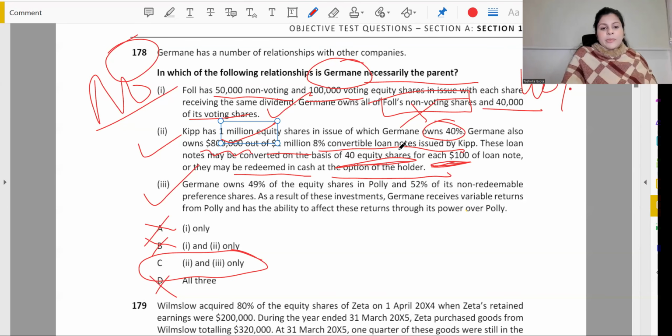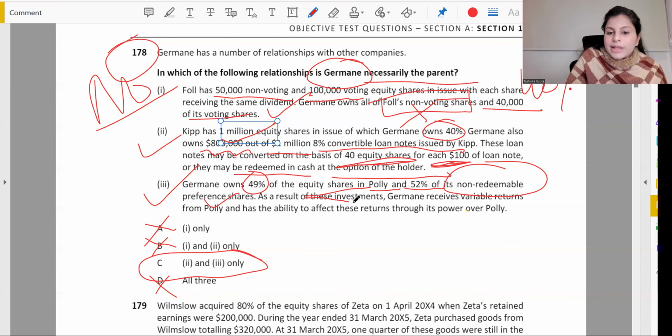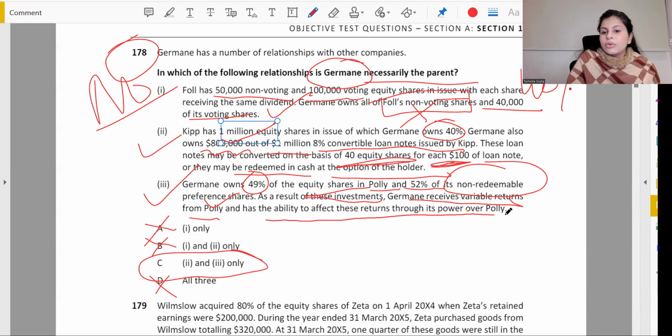Then Germain owns 49% of the equity shares in the parent and 52% of its non-redeemable preference shares. So as a result of these investments, Germain receives variable returns from the parent and has the ability to affect those returns. So 49% in shares and 52% of non-redeemable preference shares.